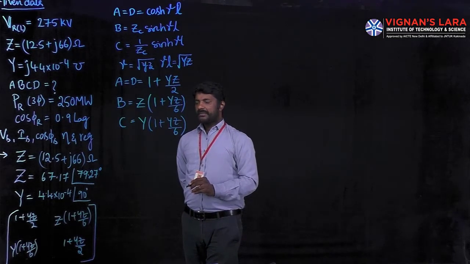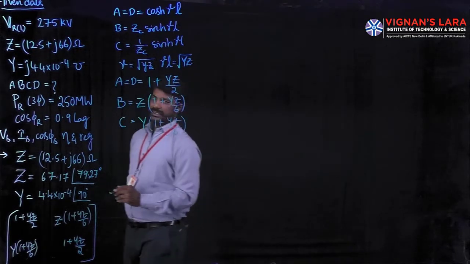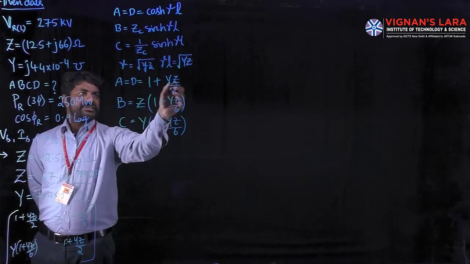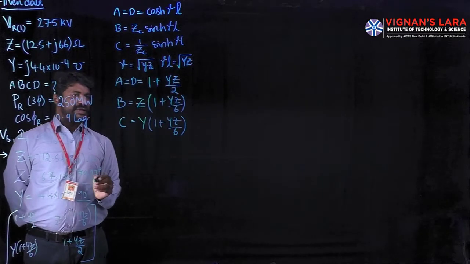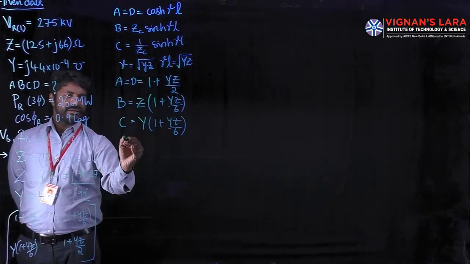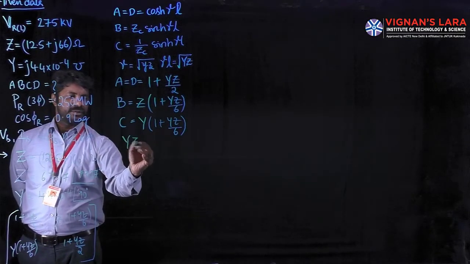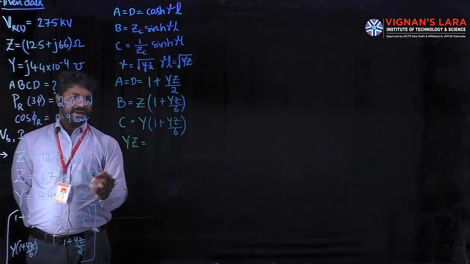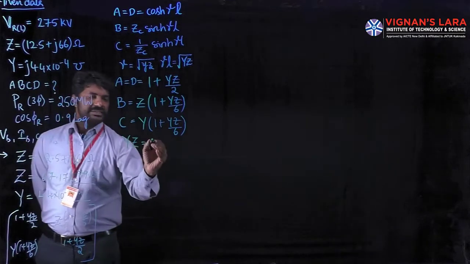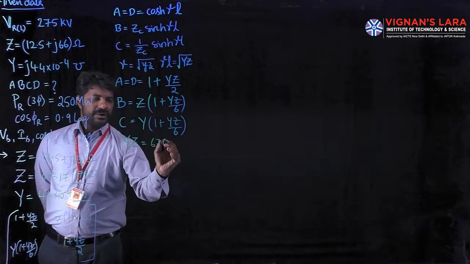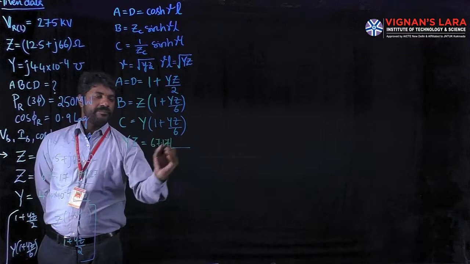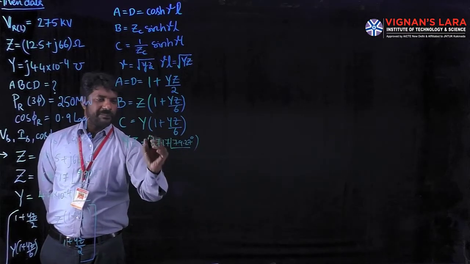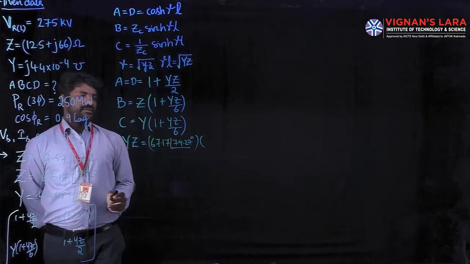Once these ABCD constants are identified, to get the values of ABCD one requires the product of Y and Z. That is why in the first step I will calculate the product of Y and Z. Let me expand the Y and Z values. The Z value is 67.17 at an angle 79.27 degrees, which should be multiplied with the Y value.